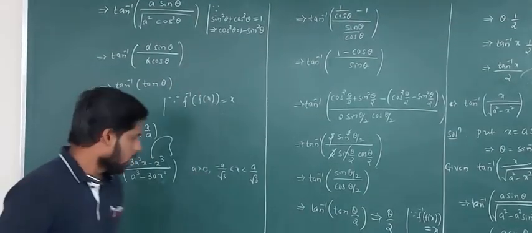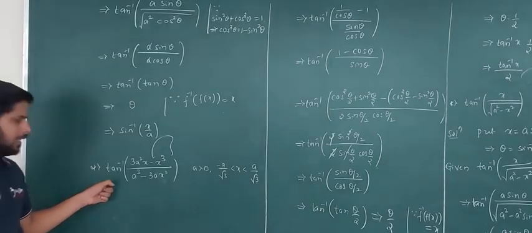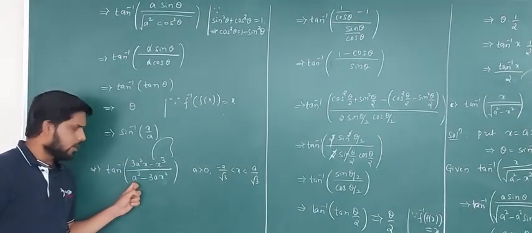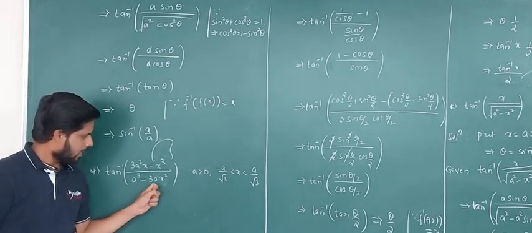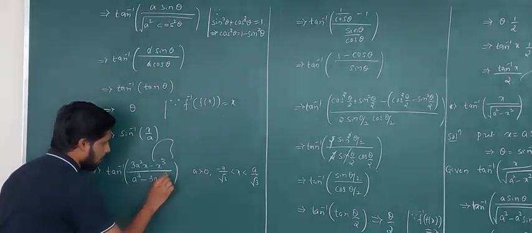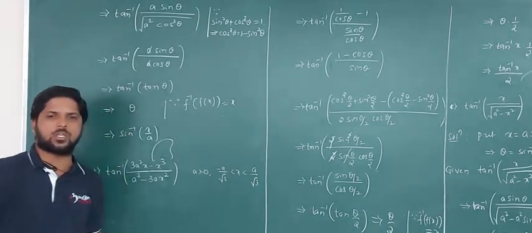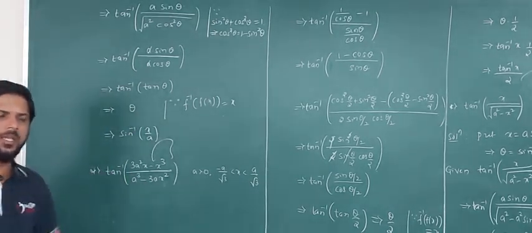So next form, tan inverse of 3a square x minus x cube divided by a cube minus 3a x square, where a is greater than 0 and x lies between minus a by root 3 to a by root 3. Here a is a constant.